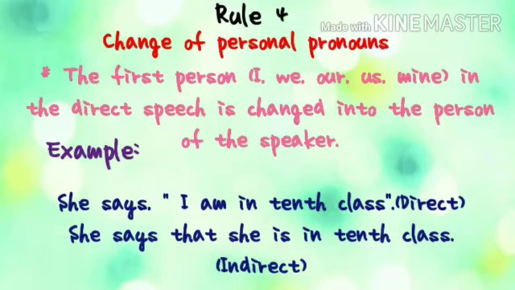Next, rule number 4. Change of the personal pronouns. The first person in the direct speech is changed into the person of the speaker. Look at this example. First person of the reported speech is changed according to the subject of the reporting verb.